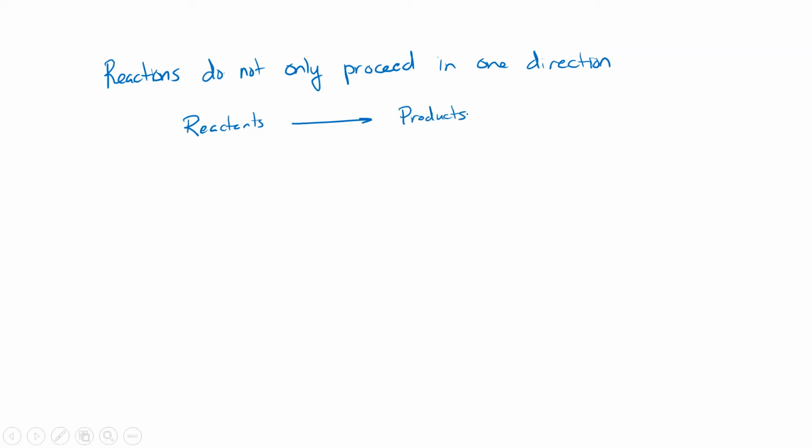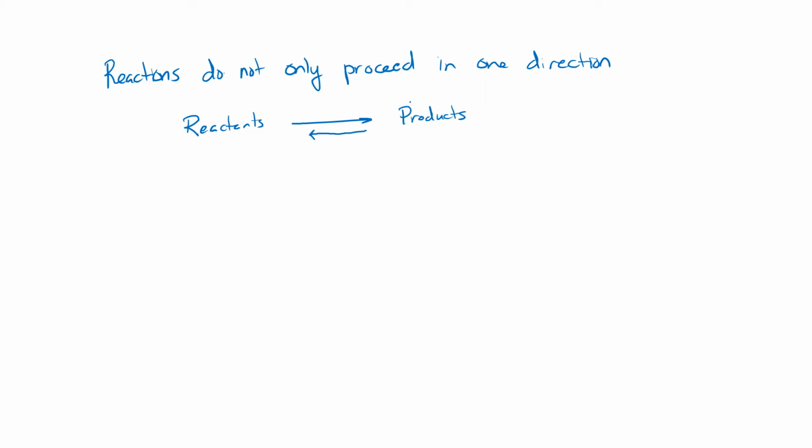So reactants to products, this is the way that we think about chemical reactions, but in reality, there's also another arrow where the products are actually reverting back to the reactants. And this is a fundamental property of chemistry. In every reaction, there's always a way for the products to become the reactants again. They might not do it very quickly, but it can always happen, because if we can make a bond in one direction, we can break that bond going the other direction.